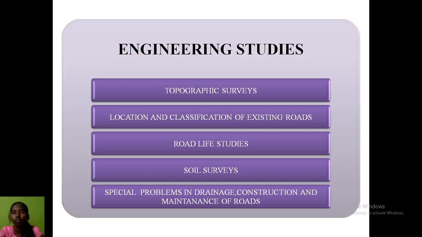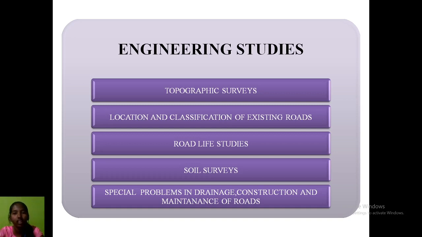And the fourth one is engineering studies. In these studies, type of soil, topography of the area, materials of construction, maintenance and drainage are investigated.